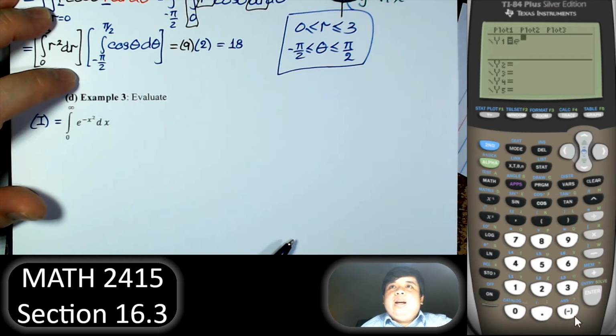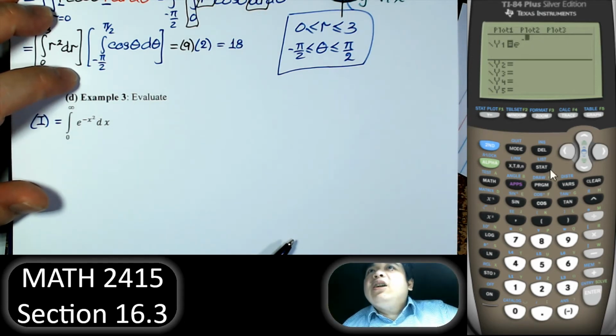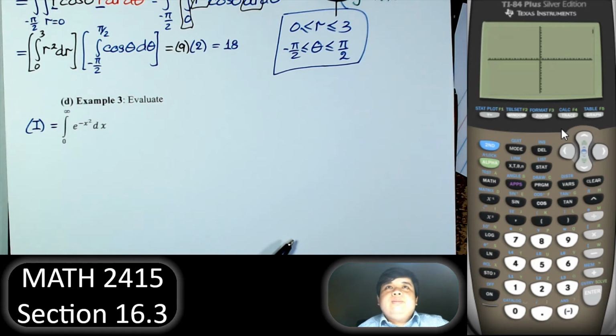We have e to the negative x squared. Let me zoom in, and I will zoom in again. So what we have is the bell curve, very popular in statistics.